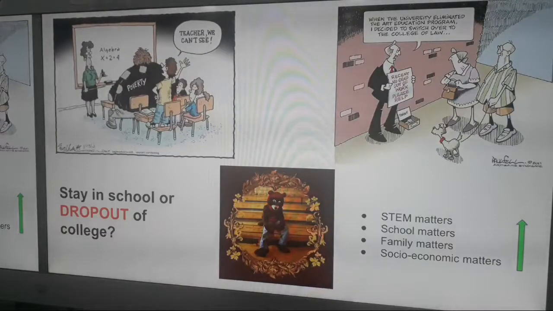So it made me reflect on dropout. I went online, I checked dropout, and from there, let me talk about how this is affecting our society. Not just dropout per se, but general dropout. So we said stay in school or drop out of college. You can see here that this guy is trying to understand algebra, but for some reason, this big guy is obstructing his view.